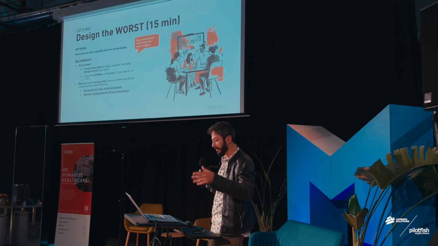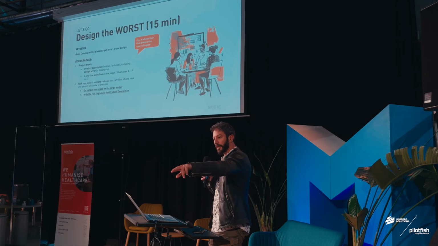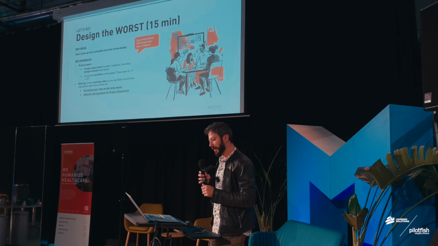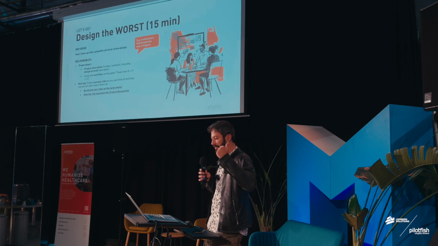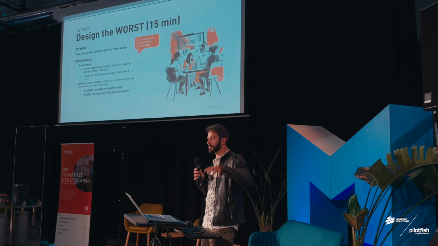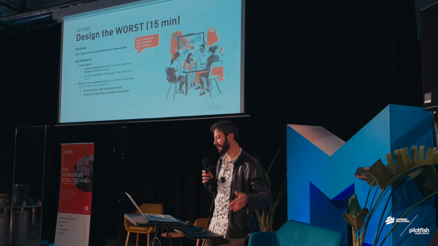And basically your deliverables: you have to define a product description. So on the large papers that you have in front of you, make maybe a sketch of the product or describe it and include design error description also, you know, what the faults of the design are.